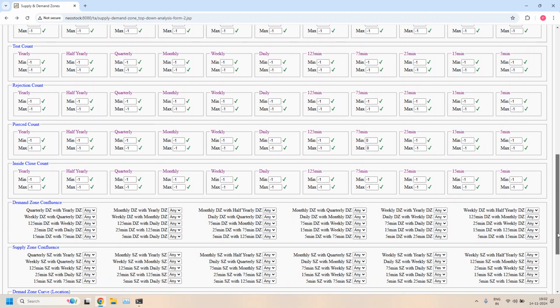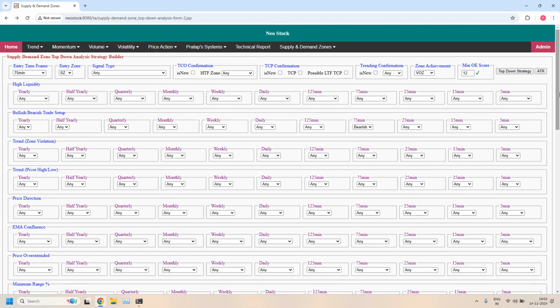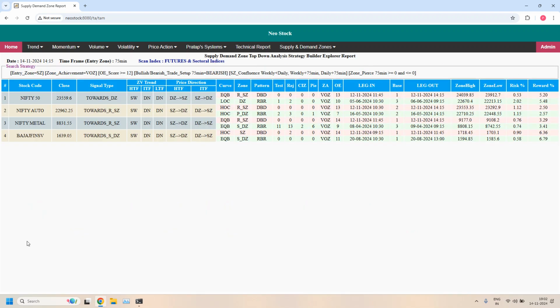In the supply zone confluence, LTF, ITF, HTF, that is 3 filters. 75 with daily is already enabled. Second filter, 75 supply zone with weekly supply zone confluence. Third filter, daily supply zone with weekly supply zone confluence. With all the 3 filters, LTF, ITF, HTF supply zone confluence, we got 4 stocks.